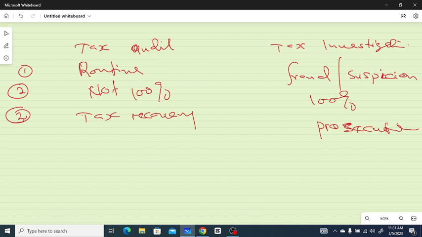Then number 4, there is a materiality concept in tax audit, while in tax investigation there is no materiality concept.